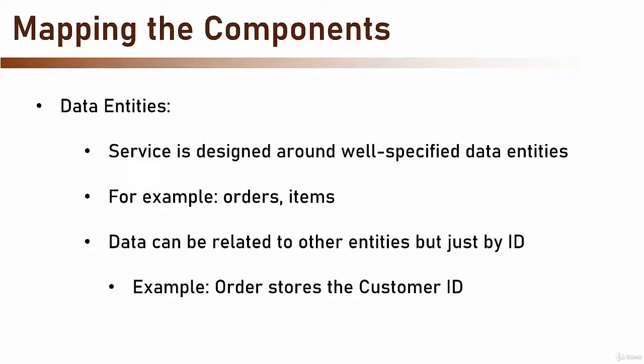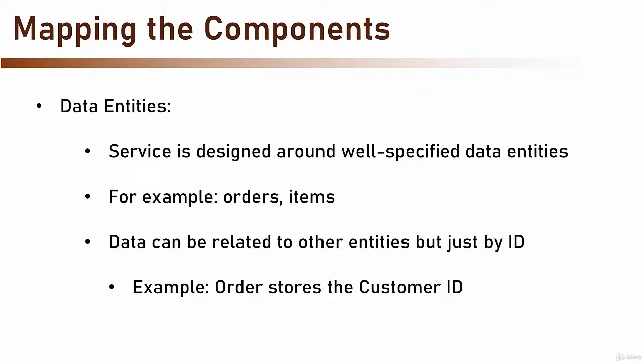Now, the customer itself is not stored in the service's database, and there are no methods in the service to handle customers, but we do need to know which customer made this order, so the database holds the customer's ID. Now, if you would like to retrieve the respective customer, we will go to the customer management service, which is designed around the customer entity, and use the service's retrieval method to retrieve the customer using the customer ID we grabbed from the order entity. This is quite a common pattern, and it definitely does not violate the data entities factor.